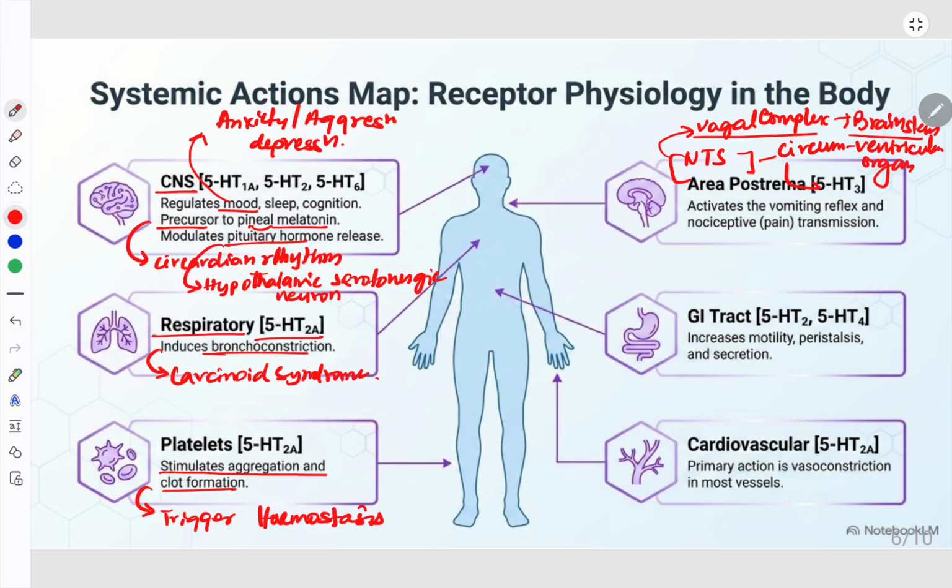Circumventricular organ means that it bypasses the BBB and therefore can directly sense the toxins and the chemicals which are part of the blood circulation without them requiring to enter through the blood-brain barrier. And therefore, these regulate the emetic response. We call this area the CTZ or chemoreceptor trigger zone, which plays an important role in chemotherapy or radiation therapy induced nausea.